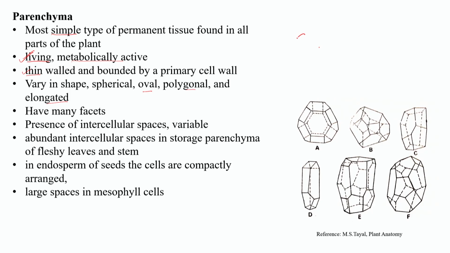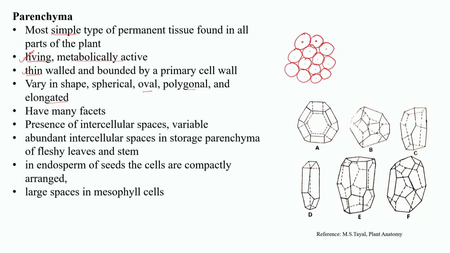Now, if we draw the structure of this simple parenchymatous tissue, we can see that it is made up of almost similar types of cells.